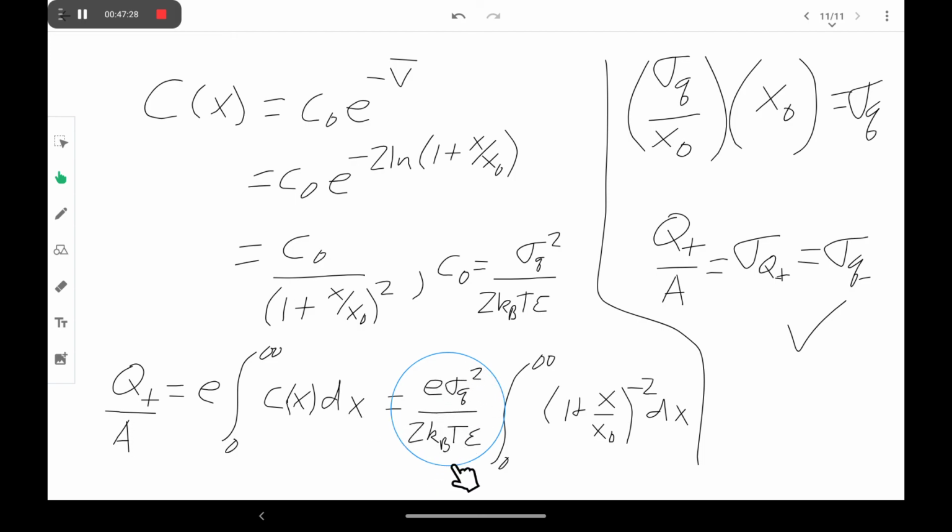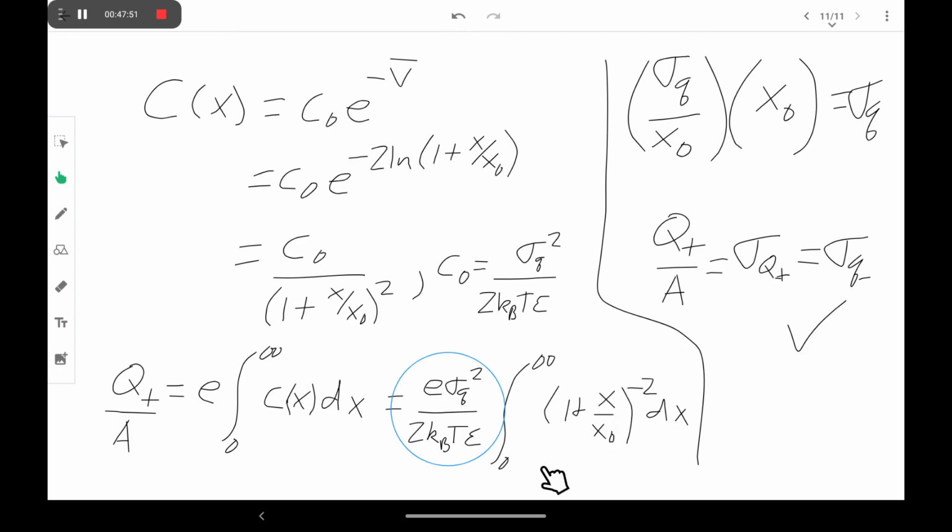And what's interesting here is if you look at this, pull just one of these sigma q's out, everything that's left over is 1 over x0. If you look back at the notes, that's the same as x0, 1 over x0. So this whole thing right here is just sigma q over x0.